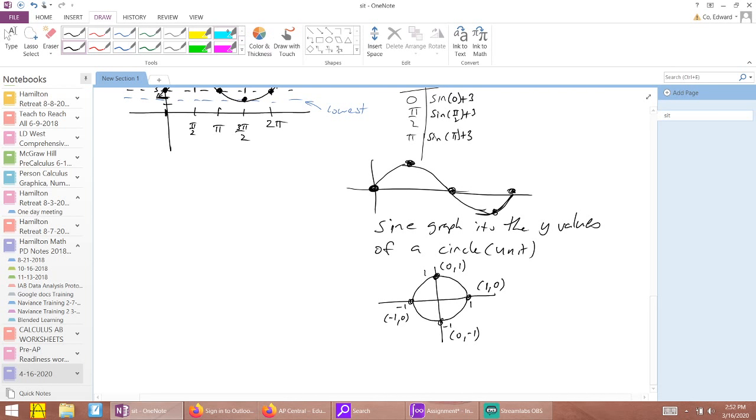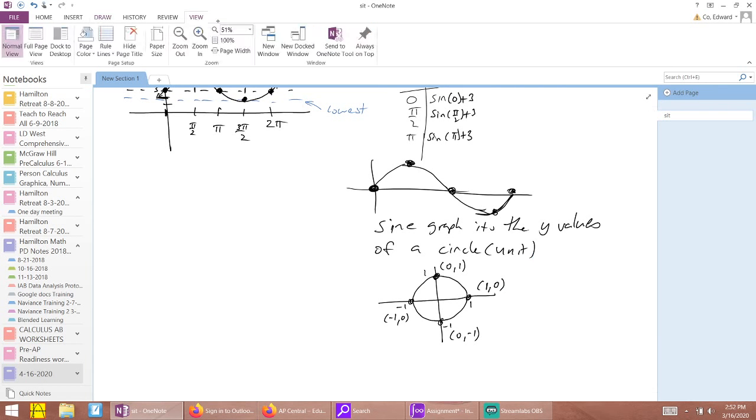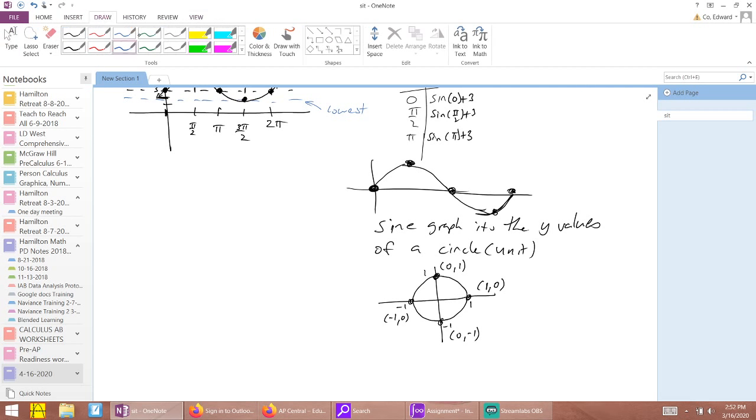Now, the way we talk about degrees is that this is 0 degrees over here. 0 degrees always starts on the right. This is going up 90 degrees.